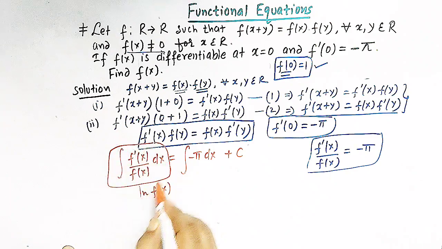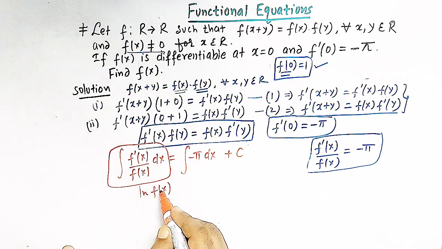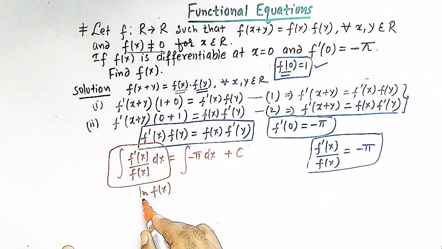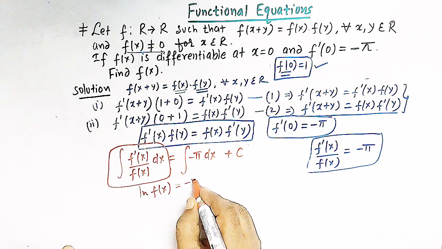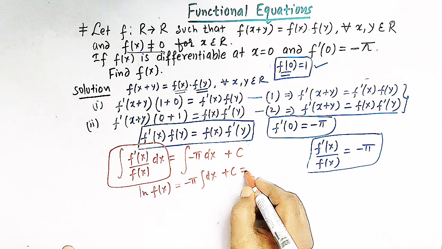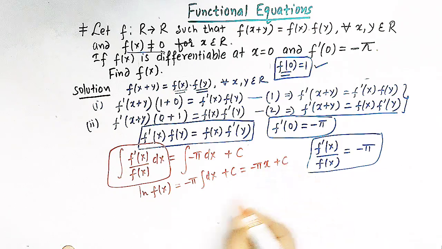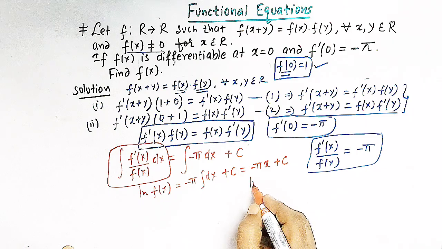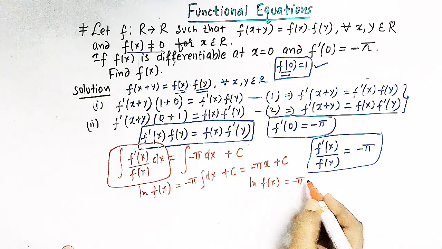So the indefinite integral of f prime of x divided by f of x dx is the natural log of f of x, and on the right we have minus pi x plus c. So now we have this equation, log of f of x is equal to minus pi x plus c.